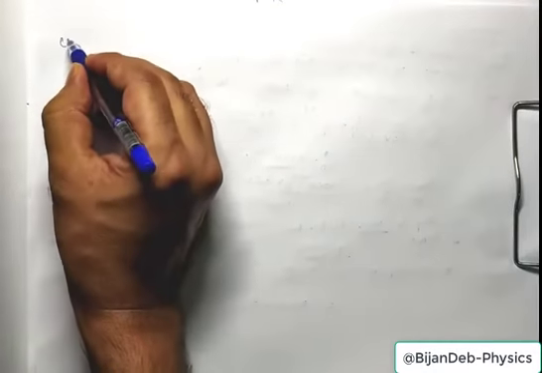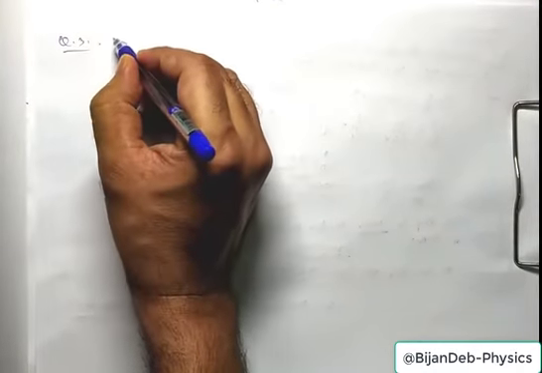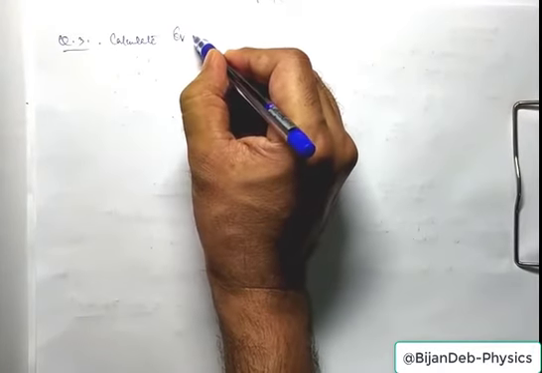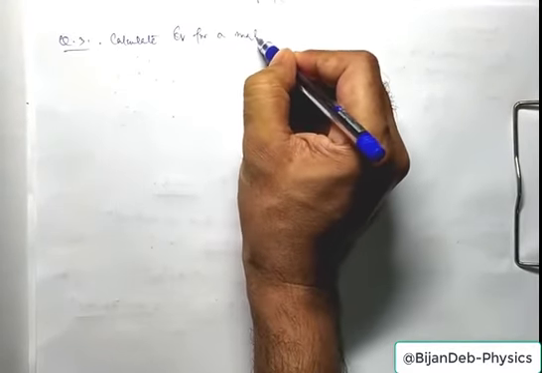Okay, now we move to another equation, related to finding the Einstein temperature. One numerical we will do, very easy. Numerical number 3, with a direct formula. Calculate Cv for a material.